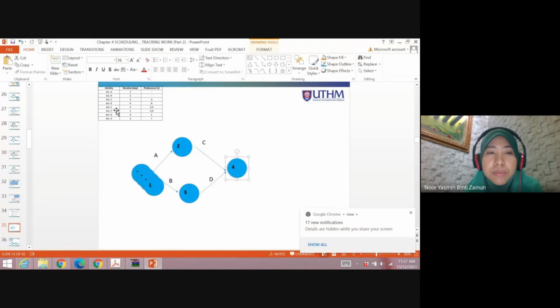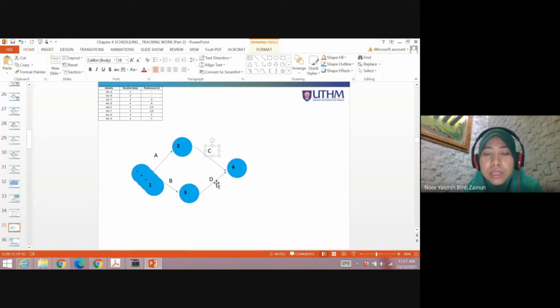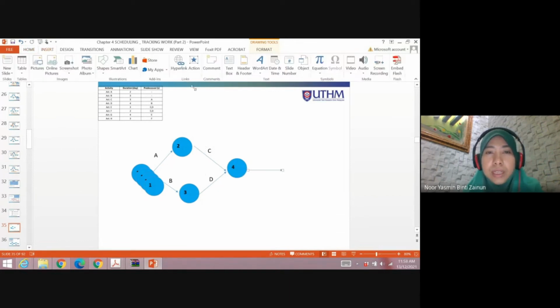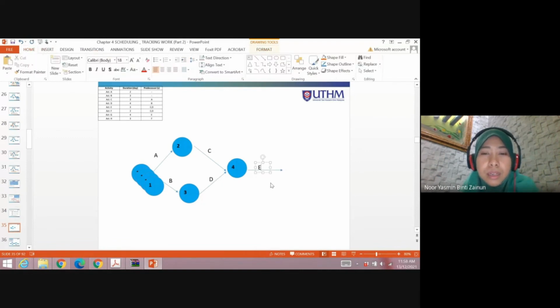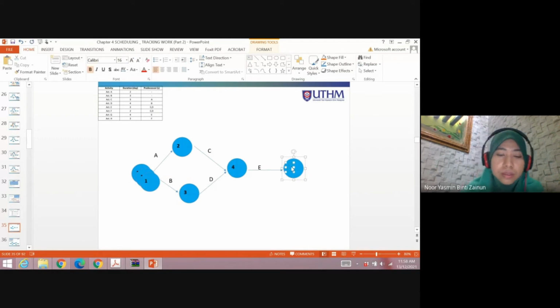Because the predecessor for E is C and D. So C and D, then we have activity E. And then we have both E and F having the same predecessor, which is C and D. So kita actually ada dua activity coming up from node number 4, which is E, and another one is F.